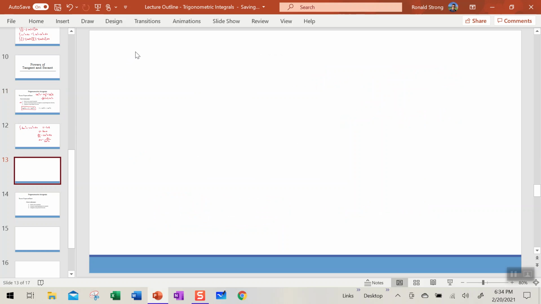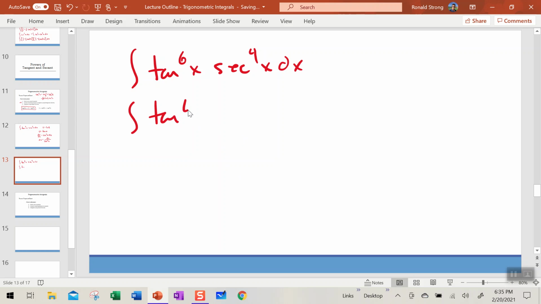So let me just give you a quick example of that. Let's say we have the integral of tangent to the 6th x times secant to the 4th x dx. Well, I notice that secant is to the 4th power. So I am going to take secant and factor it into secant squared times secant squared x dx.